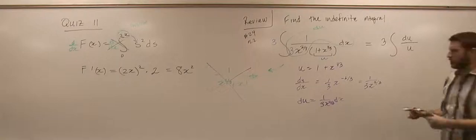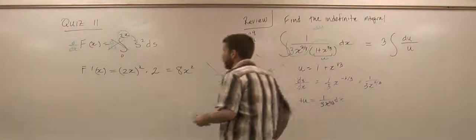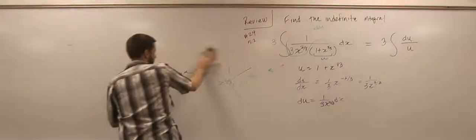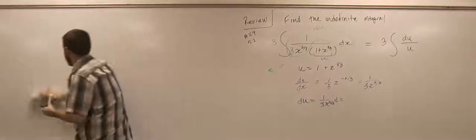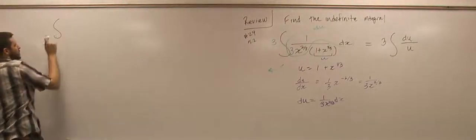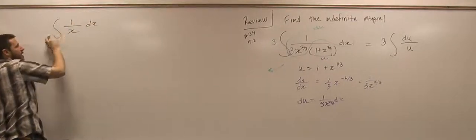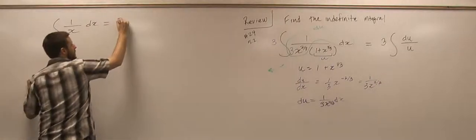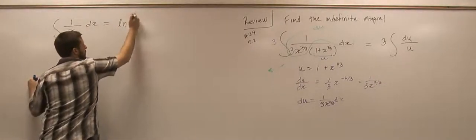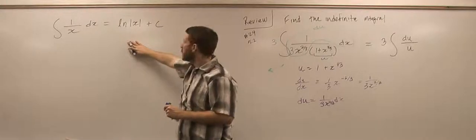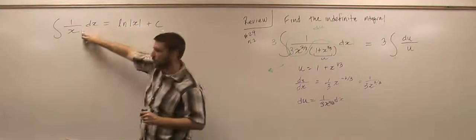So there's a couple of ways you can write this, but here's what we saw the first time we ever saw this. The integral of 1 over x dx is equal to ln of absolute value x plus a constant. That's because the derivative of ln is 1 over x.